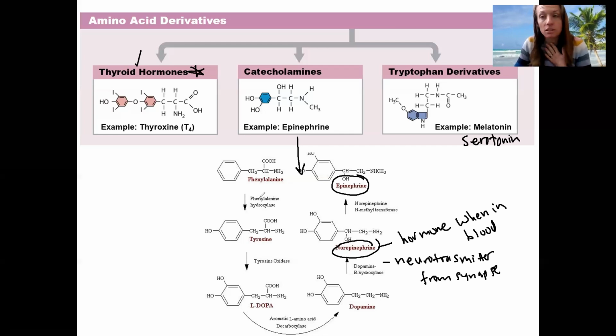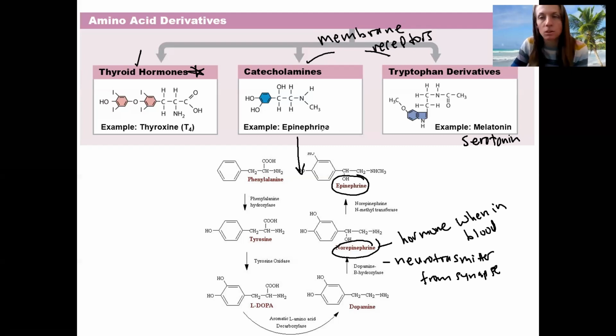Okay, these all bind to cellular membrane receptors, receptors on the membrane, except for thyroid hormone. So these two are going to bind to membrane receptors. What does that mean for their function? They're probably going to activate G protein coupled receptors. And that's what you've actually seen some. You saw in the fall, both epinephrine and norepinephrine binding to alpha and beta receptors.